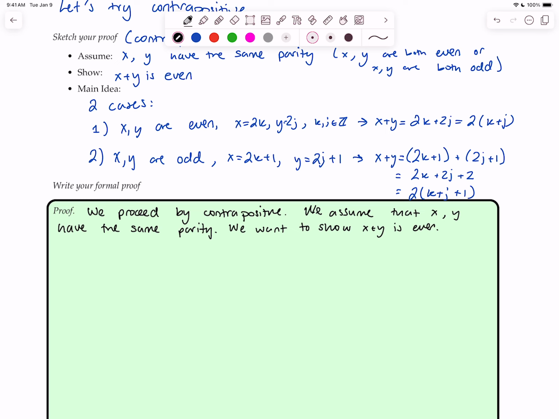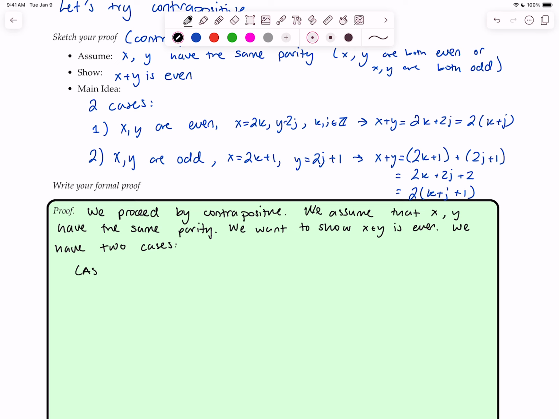Now, we have two cases, because the same parity can mean one of two things: either both even or both odd. So we'll say we have two cases.